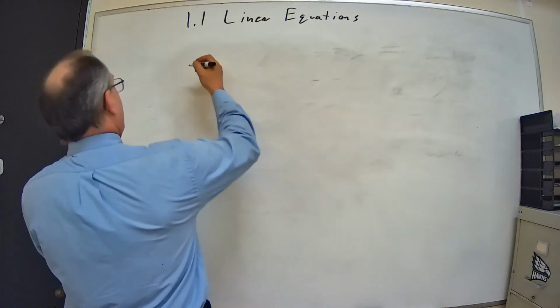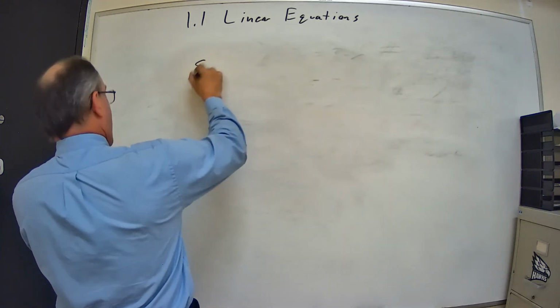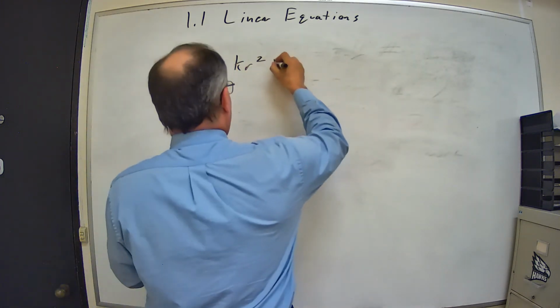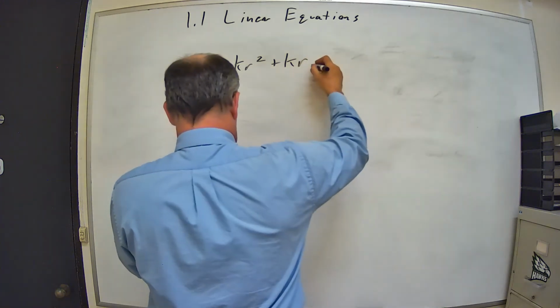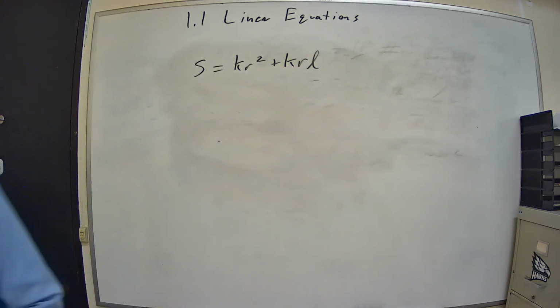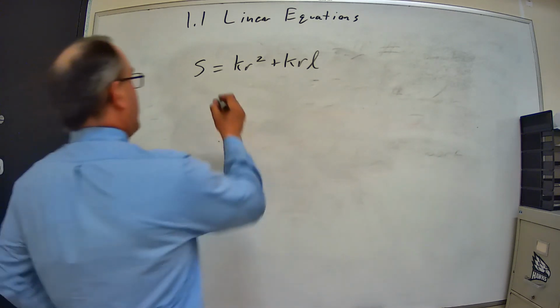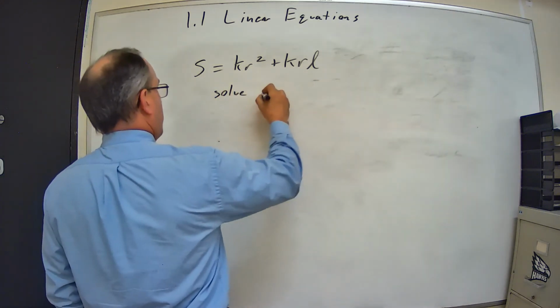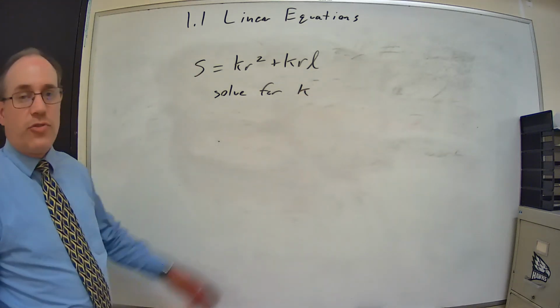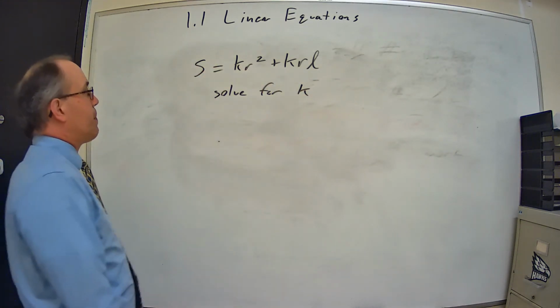So let's say we have S is equal to KR squared plus KRL. And I want to solve for K. So I want to get K by itself.